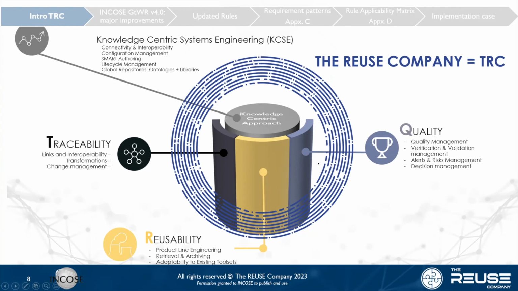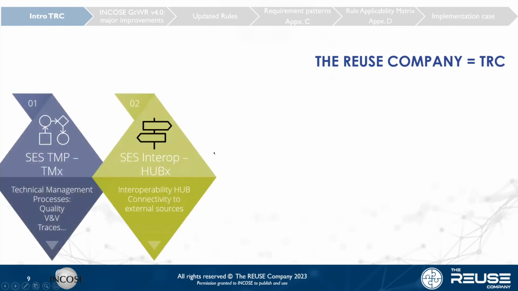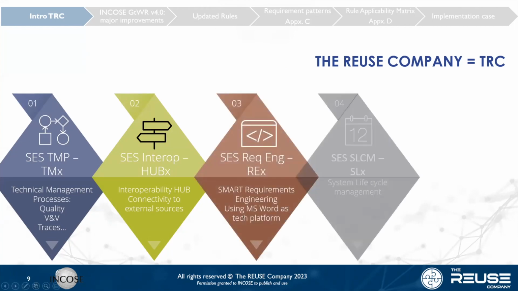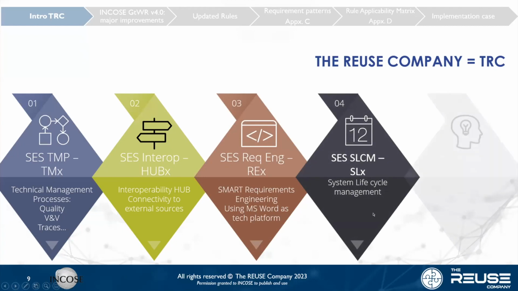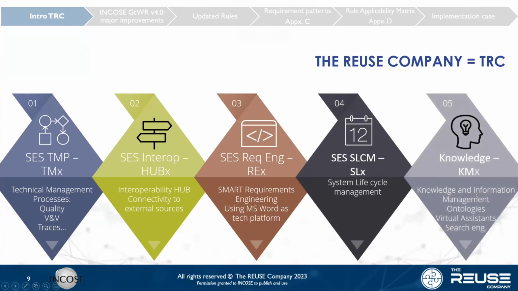These are the main pillars that have been supporting our activities for many years. And now we've been expanding to other worlds or other fields, I would say. So apart from having quality assessment, which will be the focus of today's presentation, we will have other aspects covered, such as traceability, the interoperability aspect, the connectivity of different sources, of heterogeneous sources throughout the system lifecycle, or requirements engineering, lifecycle management, and the pillar that supports all these activities is this data-centric approach, which is the knowledge management.